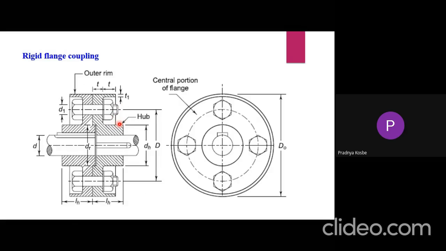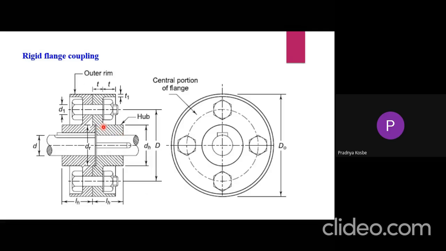And if we are using unprotected flange coupling, then there is a chance that nut and bolts can loosen, and due to that they will disassemble and they will cause harm while operation is going on, and so protection is provided over here. This is a hub portion.